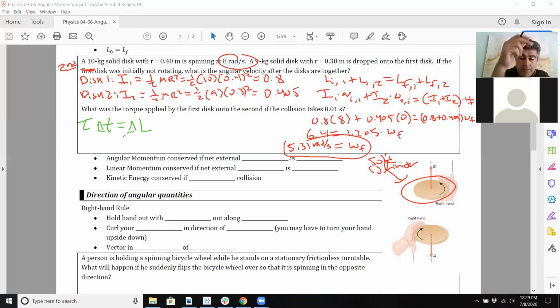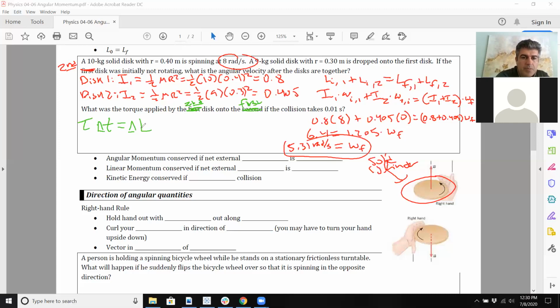So the change in angular momentum for the first disc, obviously was applied by the first disc onto the second. Actually, I think what they meant to say was applied by the second disc onto the first. I think that's a typo again.